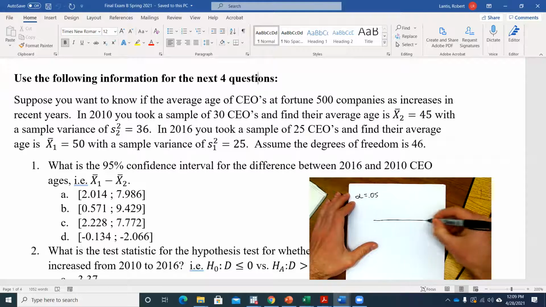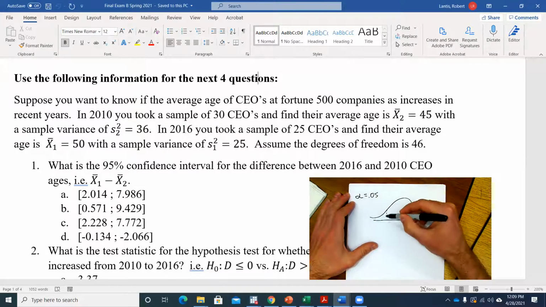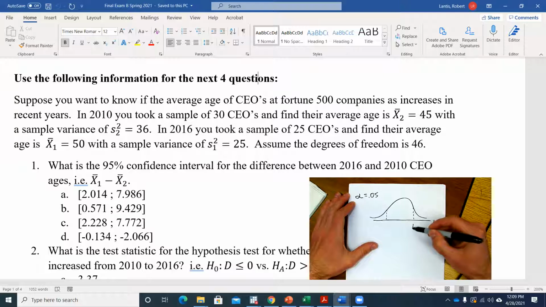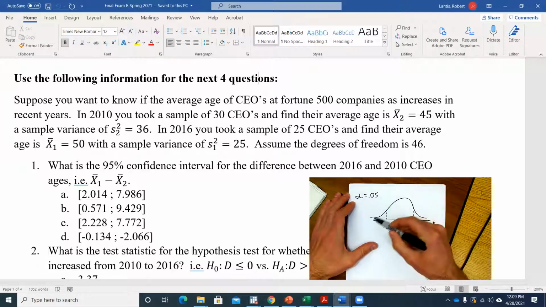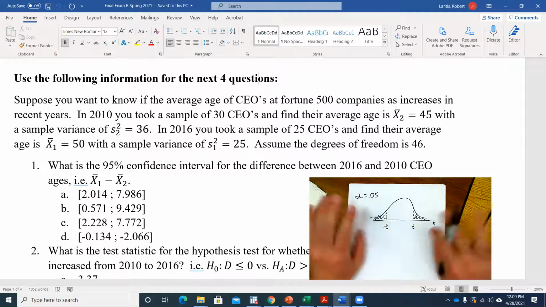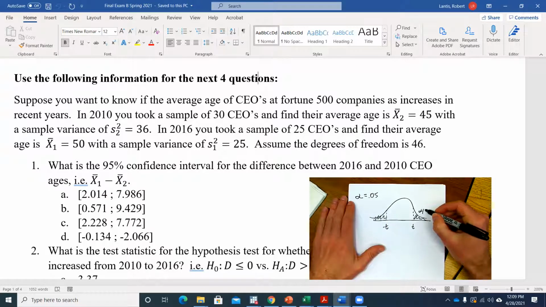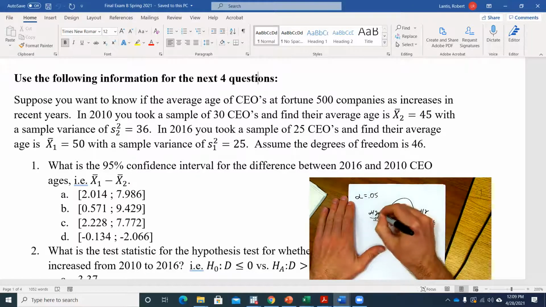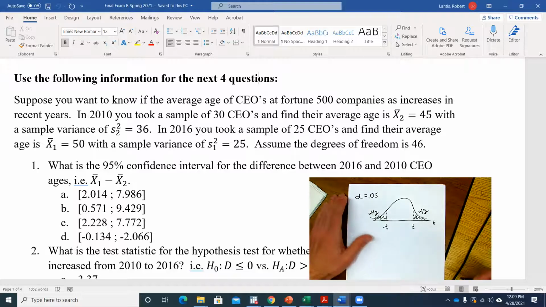So what we're looking for with this student t distribution is a t value such that the total area outside of our interval, in the tails, is alpha, which means we have alpha over 2 in each tail.